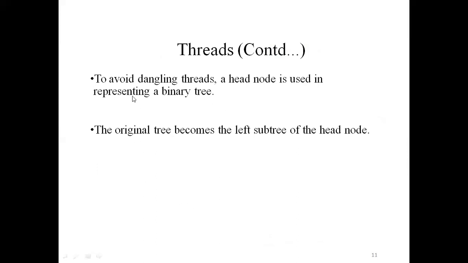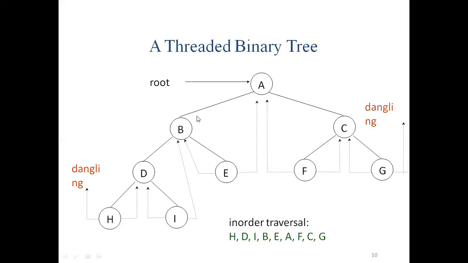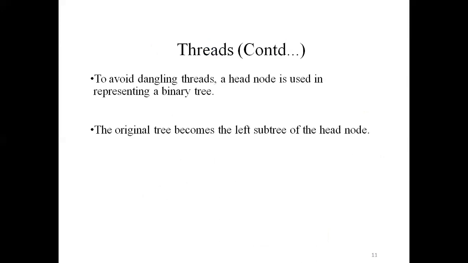Now here definitely every time we will be having two dangling pointers, one leftmost pointer and one rightmost pointer, because for rightmost node we don't have its successor, and for leftmost node we don't have its predecessor.